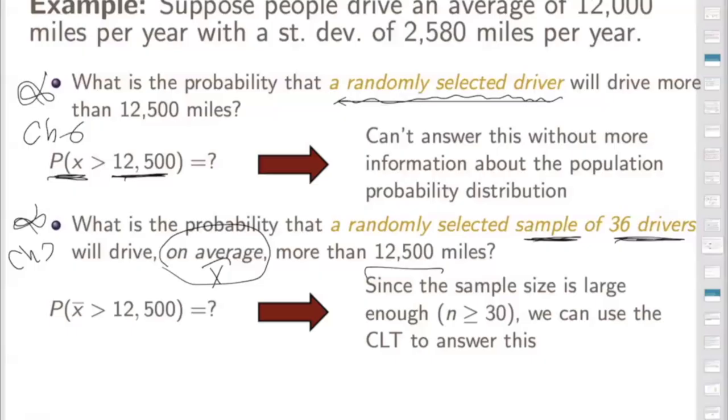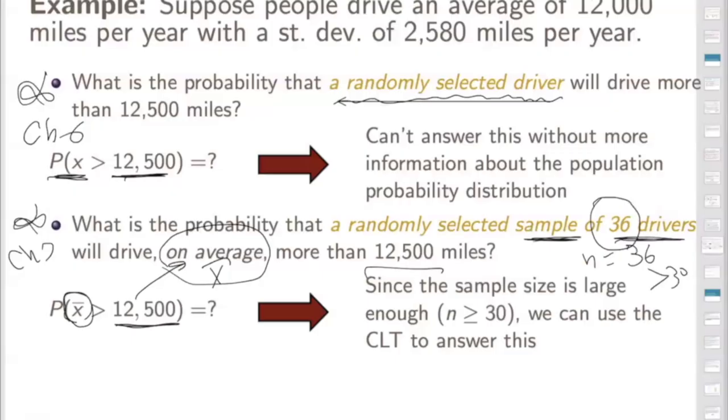The probability that x bar, because I said it's the average, is greater than 12,500. Can we find this probability? Yes. Why? Look at the sample size. N here is 36. It's greater than 30. So I can apply the central limit theorem.